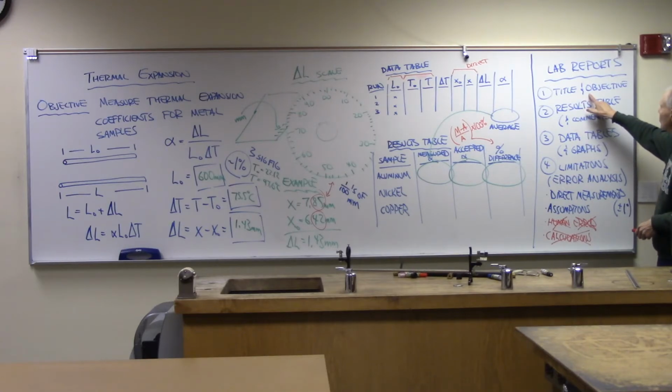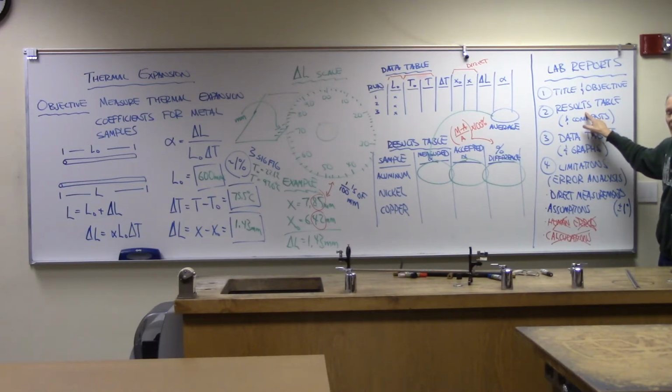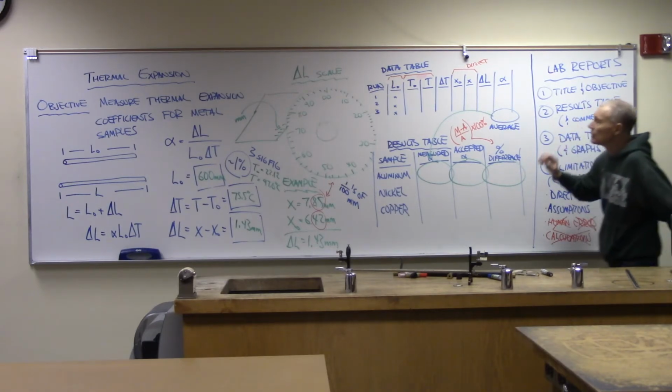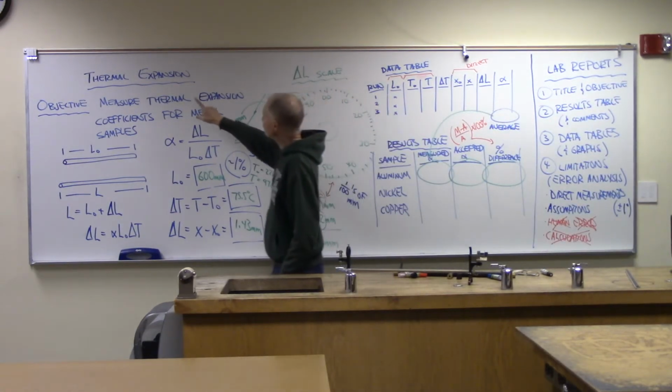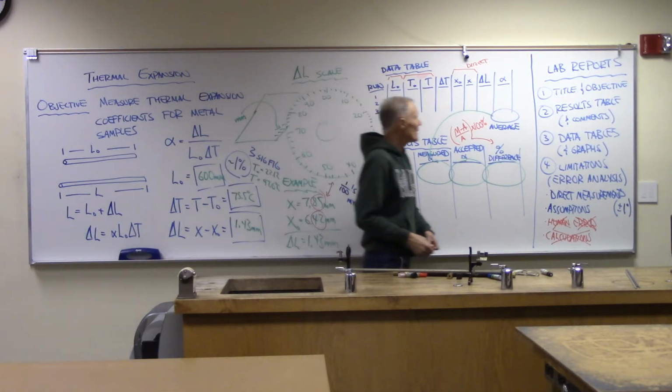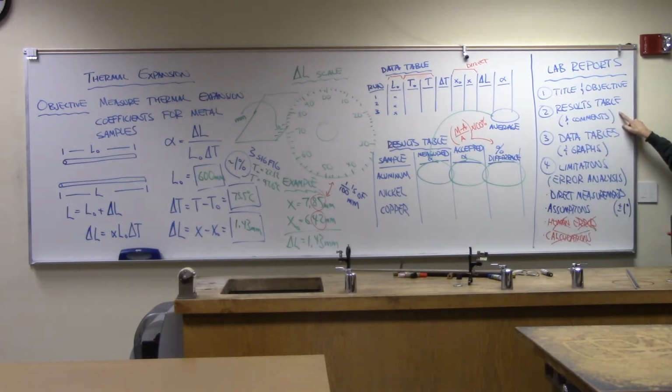Title and objectives, start off with those. And then I actually prefer having a results table right after that. I don't think lab reports are like suspense novels, where you have to wait to the last chapter to find out what happens. I prefer saying, this is what we set out to do, and then immediately follow that up with, this is what we got.